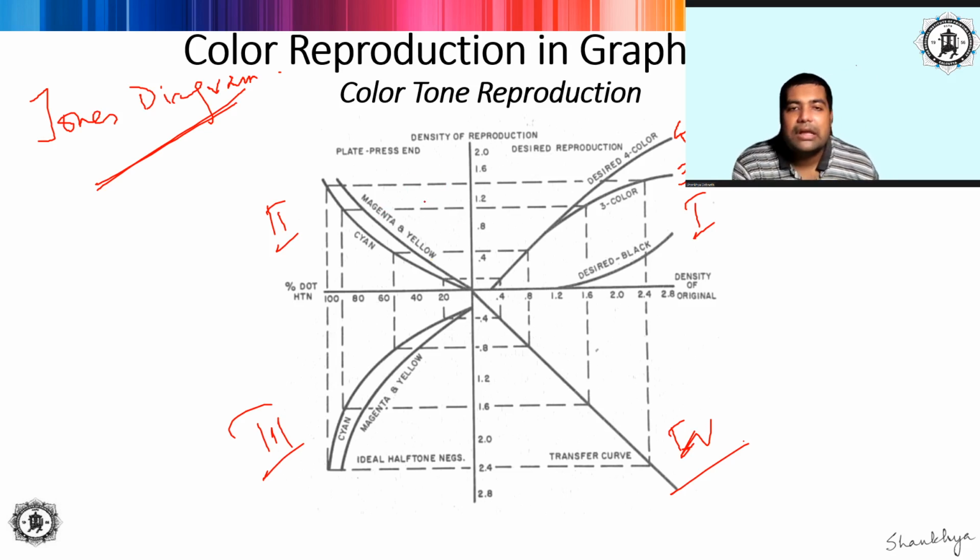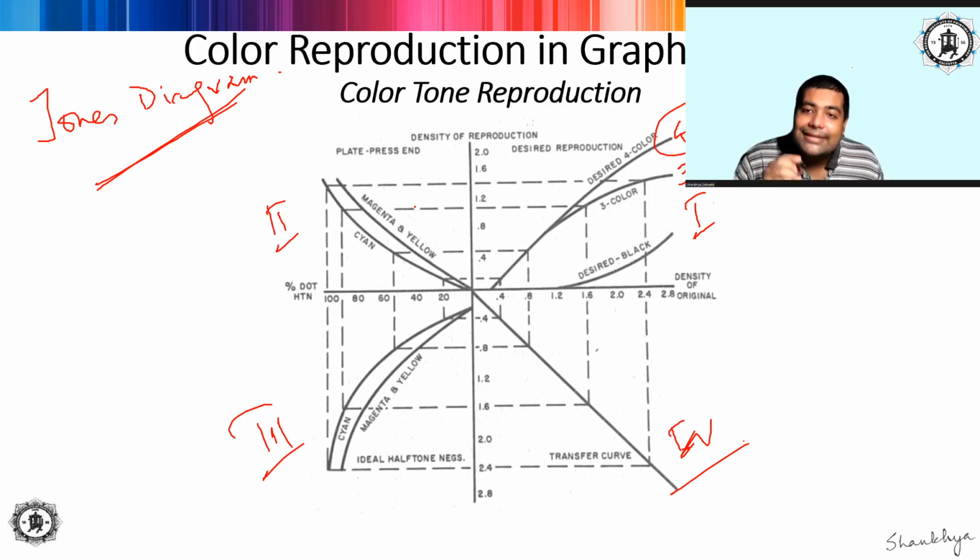All right. Now, this is what you want. Ultimately, after doing all the necessary corrections, after finding out for what values of negative transfer curves and plate transfer curves, you want to get this type of tone reproduction curve for your 4-color reproduction. What you have to do is go from the last stage to the first stage, because what data do you have with you? You have this particular curve.